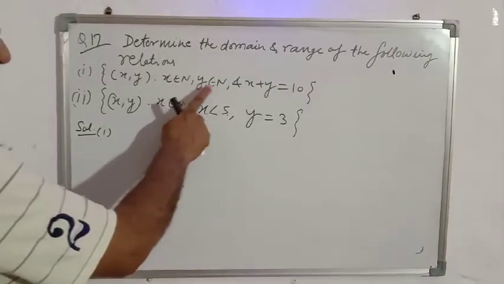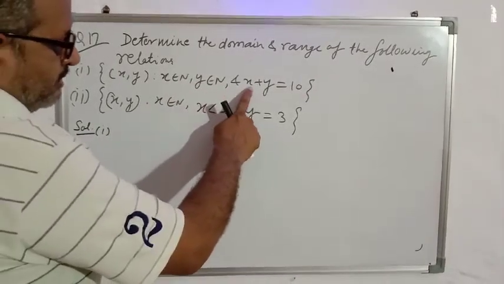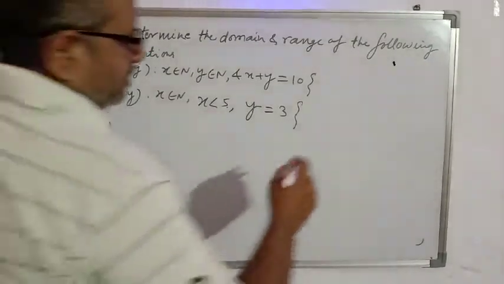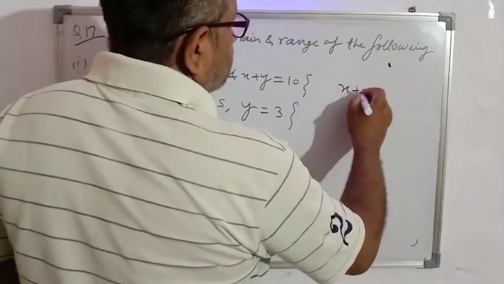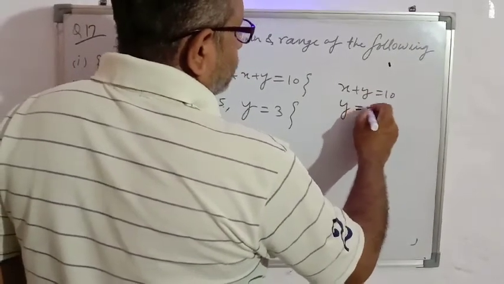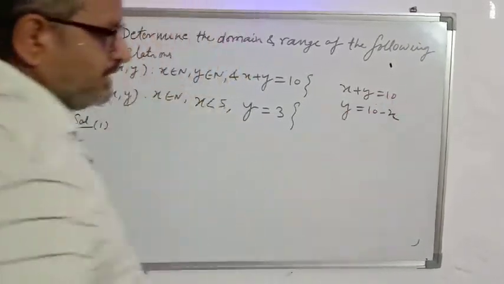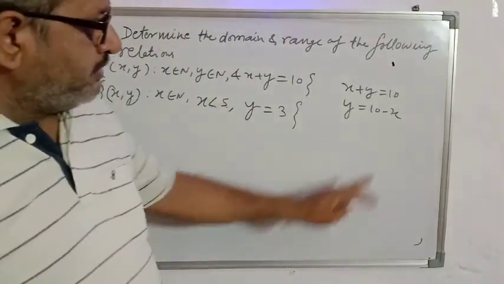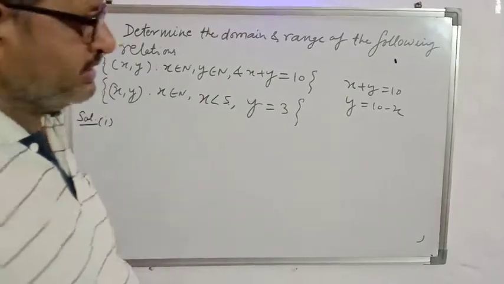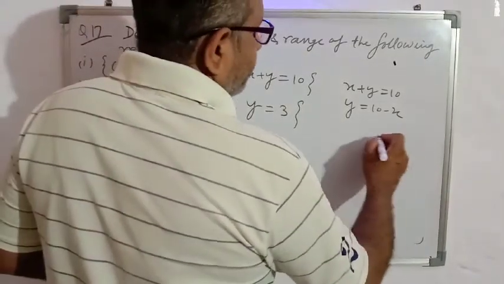X is a natural number, y is also a natural number, and the sum x plus y is equal to 10. So y is equal to 10 minus x. The value of x will give the domain, the value of y will give the range.